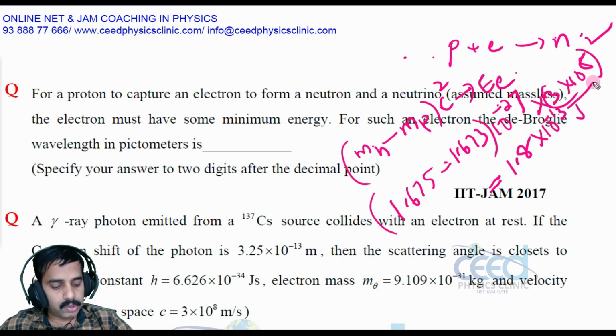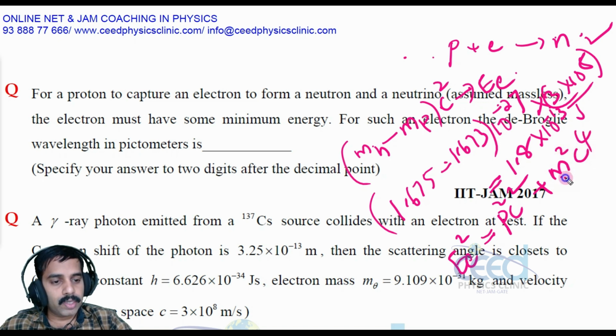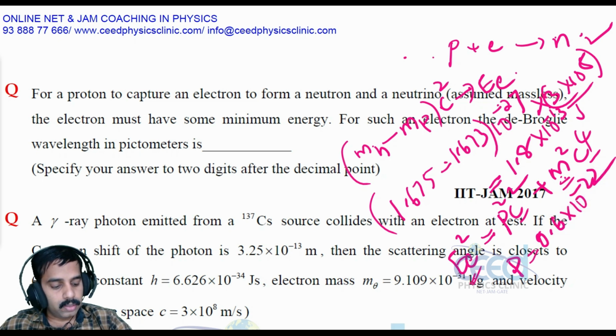Now look into this. We already know the relativistic energy: an electron in motion has E square equal to p square c square plus m square c raised to 4, where m is the mass of this electron. Now we can solve for p. We have the values of mass, c and E, which we have already solved. When you solve, you will get p equal to 0.6 into 10 raised to minus 22.